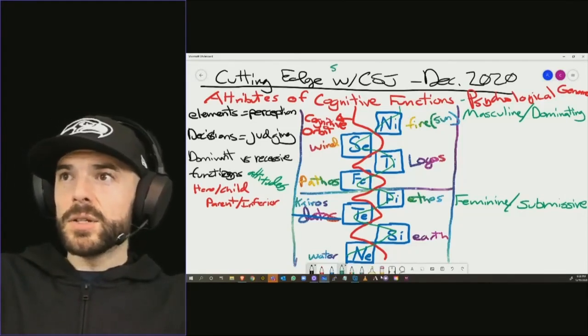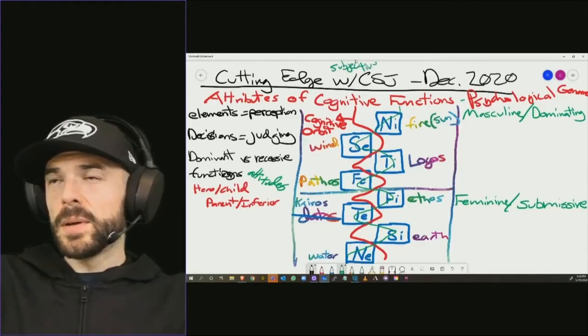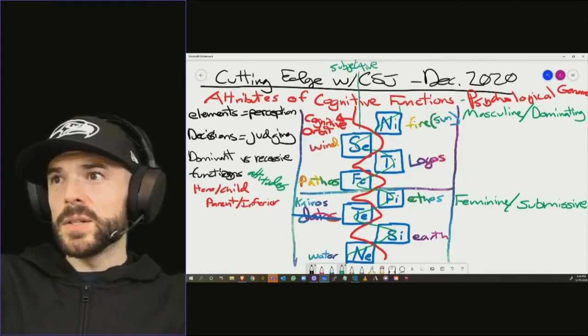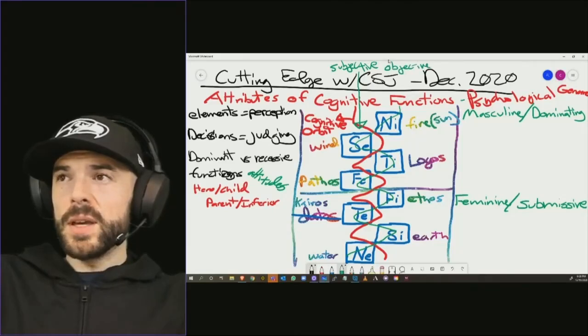We have subjective going from the top, and that represents this row here or column. And then we have the objective functions, which is really interesting if you think about it, going down here.